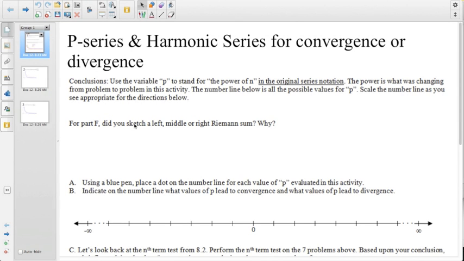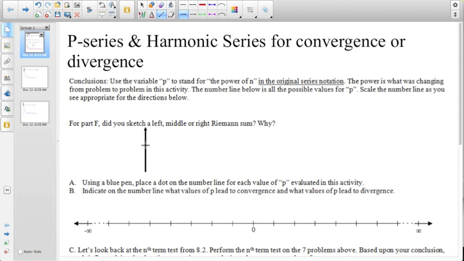So as a result of the activity, a couple of things to keep in mind when we're talking about the sum of a series being a Riemann sum is that as we look at these non-increasing series and rewrite it as a function so we can calculate the area, we're taking the first term, a sub 1.